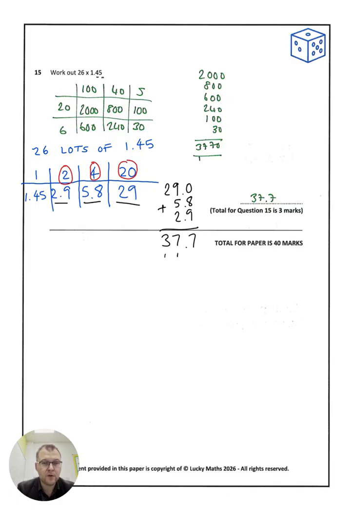Doubling the 2 lots to get 4 lots, 5.8. But then generating 20 lots from the 2 lots. If 2 lots is 2.9, 20 lots must be 29. And I've circled the information on the top. 20 plus 4 plus 2 is where the 26 lots will come from. And so if you add 29, 5.8 and 2.9, it's another way to get 37.7.